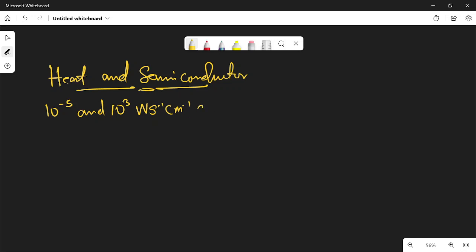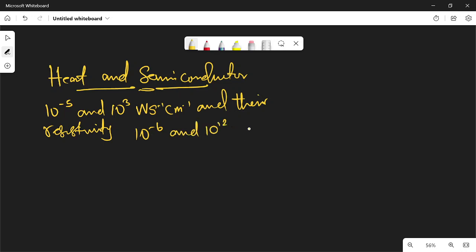And their resistivity is between 10 raised to power minus 6 and 10 raised to power 12 ohm centimeter. Are you seeing this now?